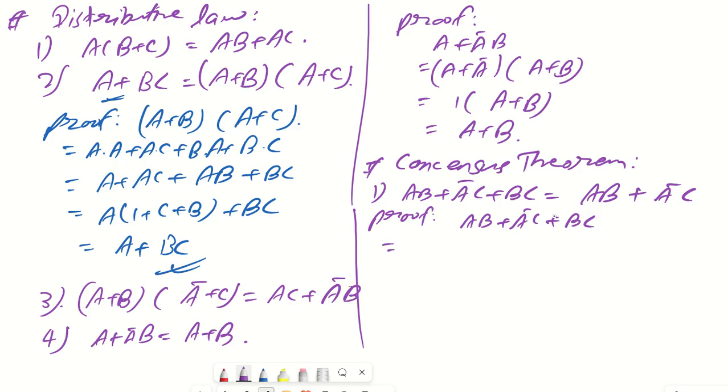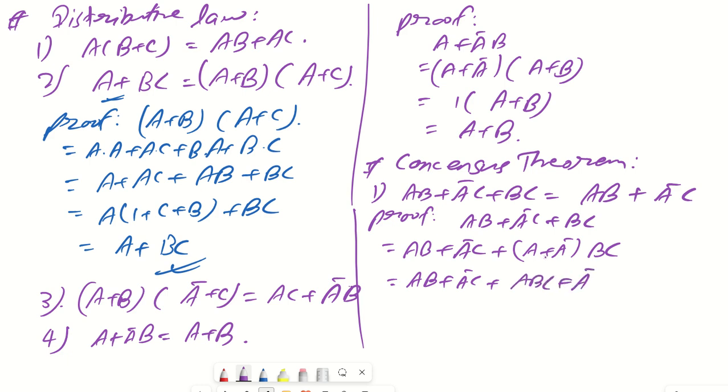So can we do this? ab plus a bar c plus bc, I can write it down as (a plus a bar) multiplied by bc, because a plus a bar is nothing but 1. Now if we take it, ab plus a bar c plus abc plus a bar bc, like distributing them, right? So bc will get multiplied with each one of them. Now I can take out ab common from this term and this term.